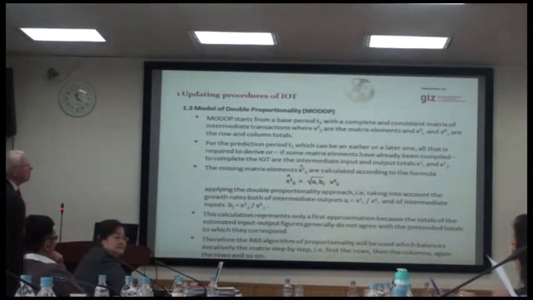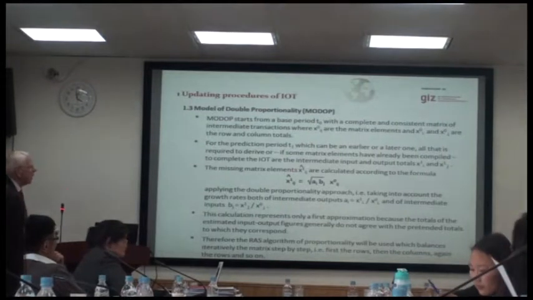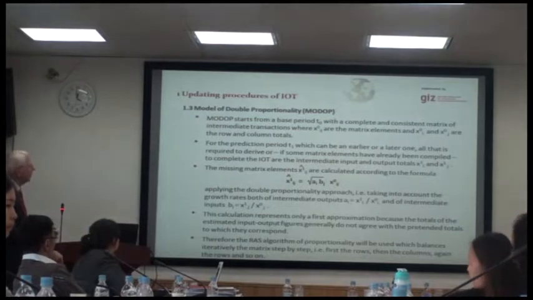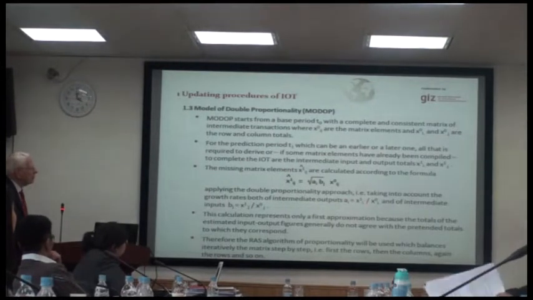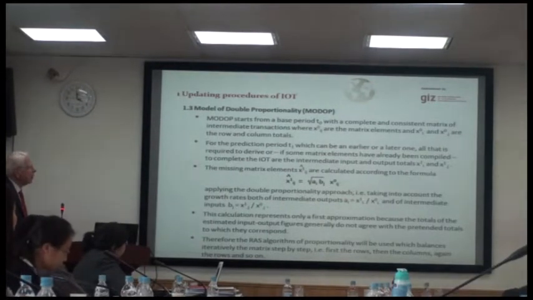The missing matrix elements, that means x_ij root, are calculated according to our formula. We take the AI and the BG. What are the AI? The AI are the factor of x_i1 divided by x_i0.